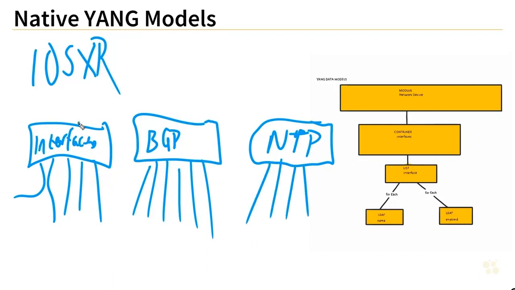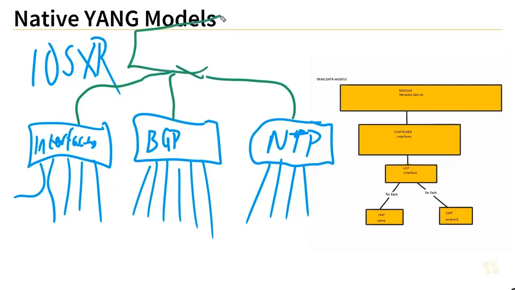But crucially, all these models, all these containers here, would not be unified by one root container called native. Now this concept of native doesn't exist in the IETF or in OpenConfig, so it's not like by using Cisco iOS XR native models you're losing some type of feature functionality which you have in the open models. All I'm highlighting here is the inconsistency across the different native platforms.